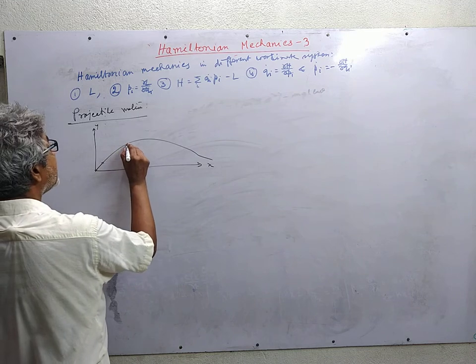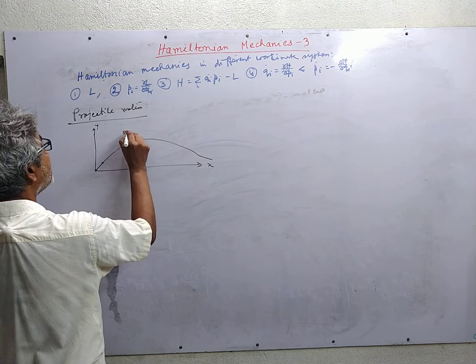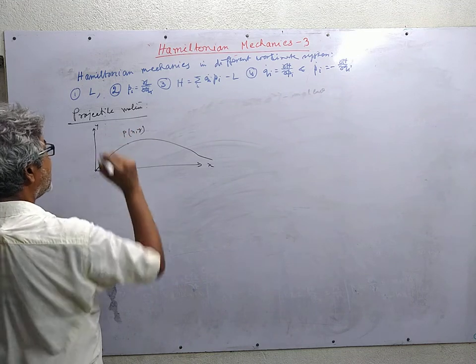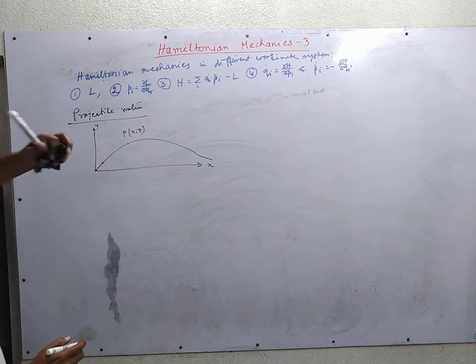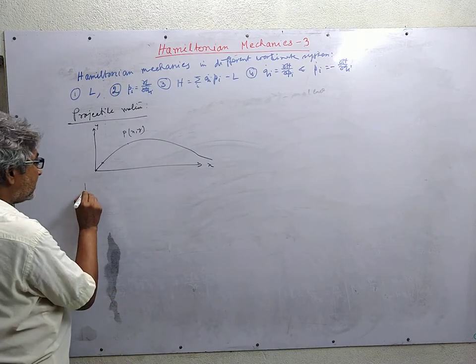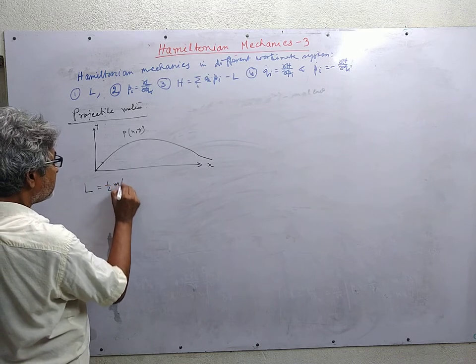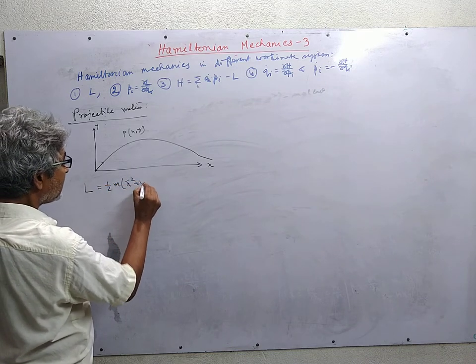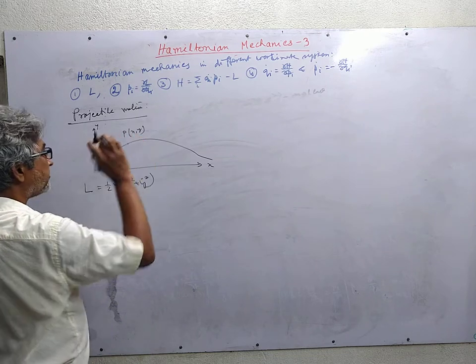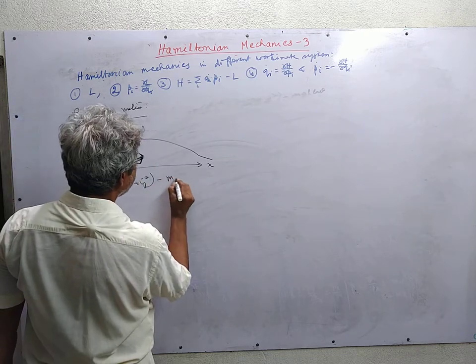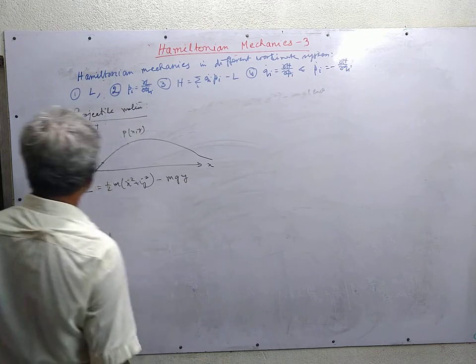Say at a particular instant the particle is at x, y. So the Lagrangian L is equal to half m x dot square plus y dot square, minus the potential energy mgy.